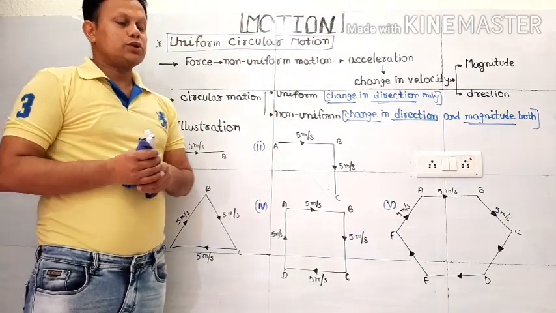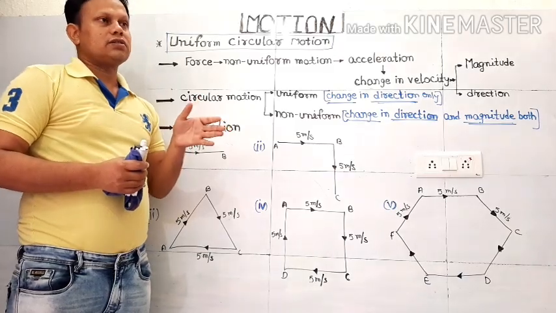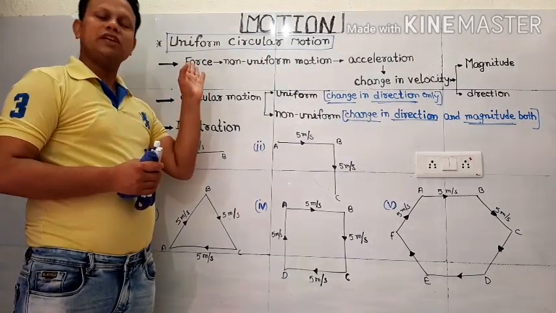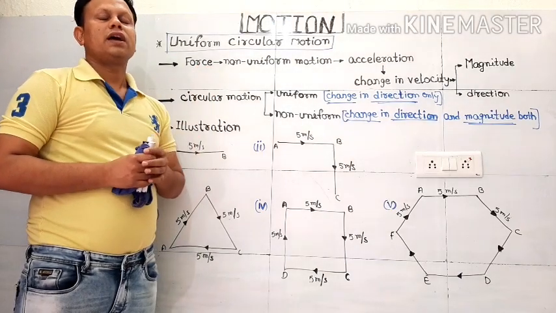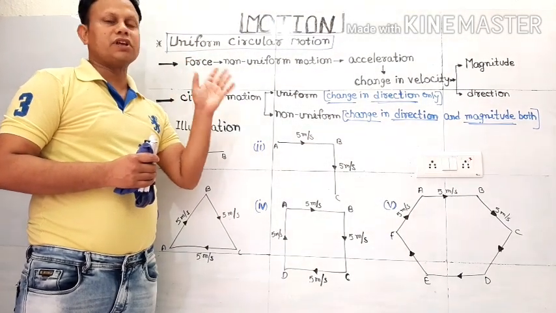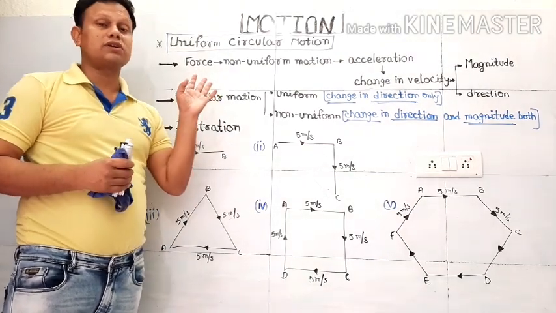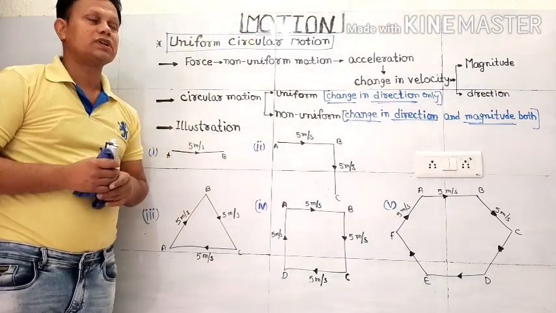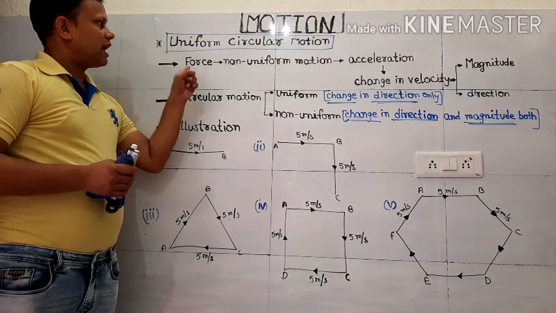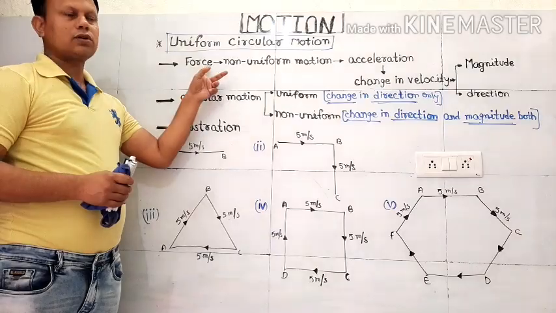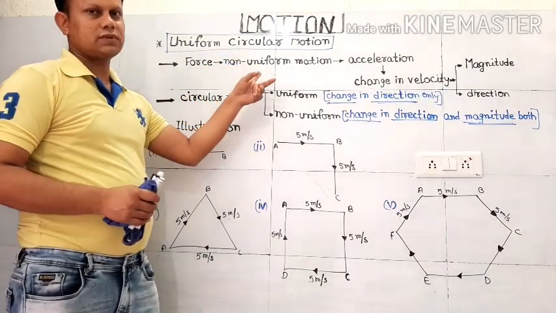Okay, so before starting understanding this concept, we should understand one of the previous concepts based on our previous knowledge. What is that? Because that is very essential to understand this type of motion. So I have made a flow chart here where I have written force causes non-uniform motion.